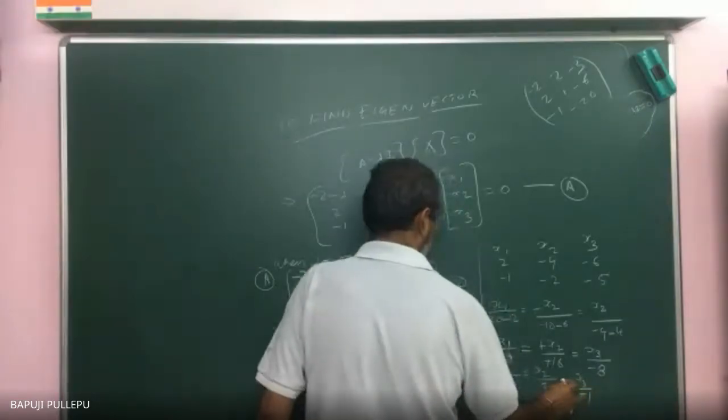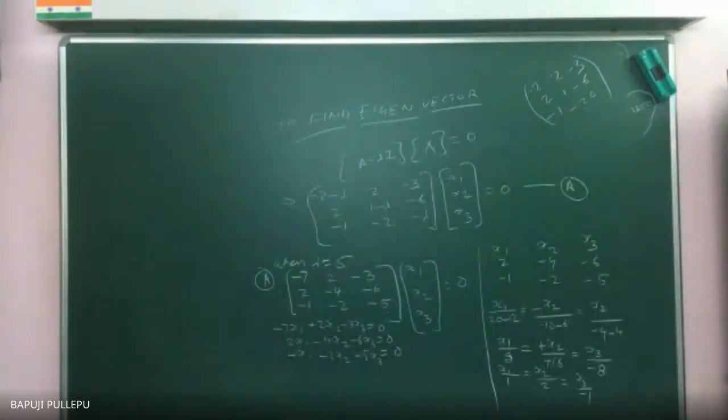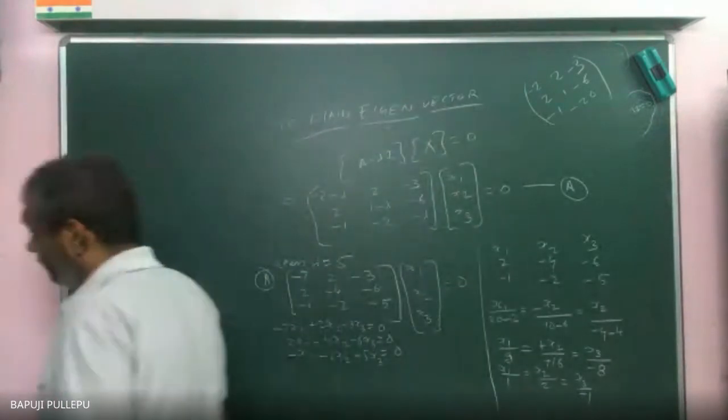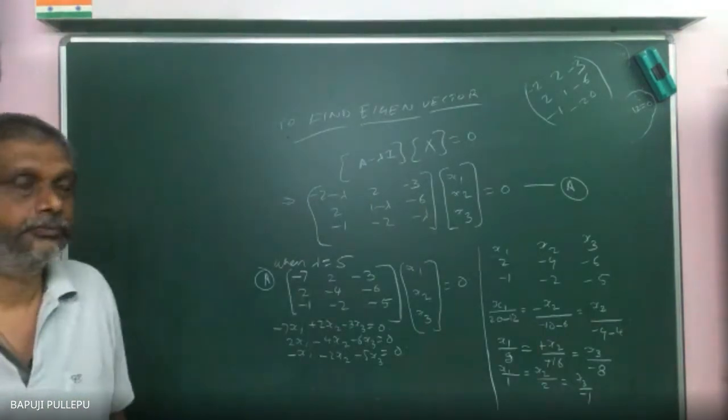Right. Now we can write. When lambda is equal to 5, the eigenvectors x1, x2, x3 in column we can write as 1, 2, minus 1. Write it down. Completed.